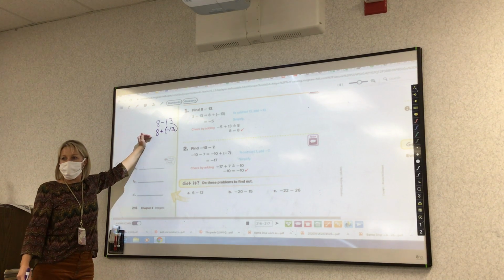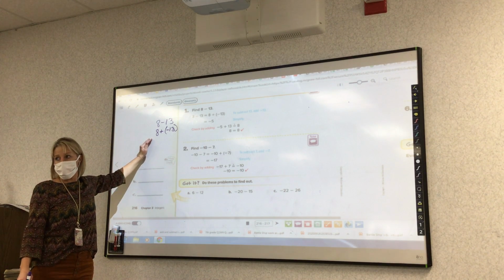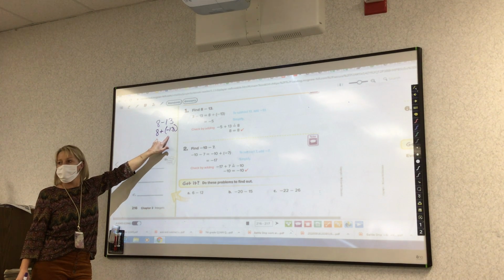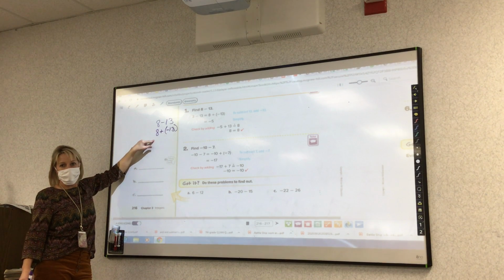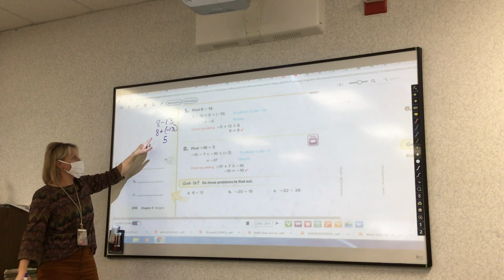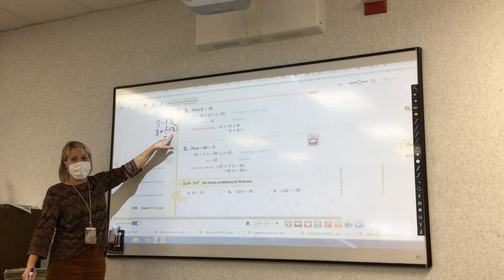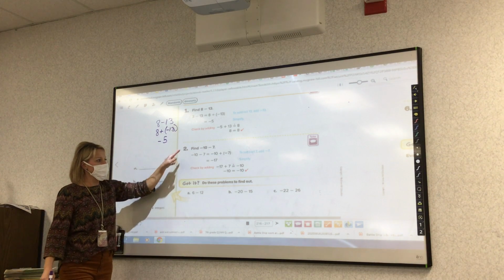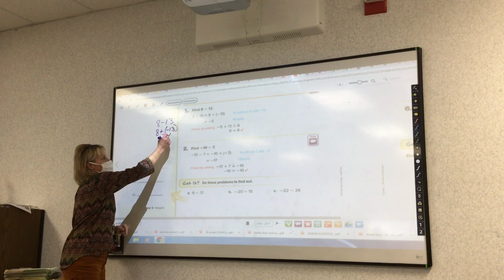Once we create an addition problem, you follow the addition rules. One's positive and one's negative, so we subtract. So what's 13 minus 8? 5, and then I go back and I look, is it going to be positive or negative? Negative, because the 13 is greater. So negative 5 is your answer.